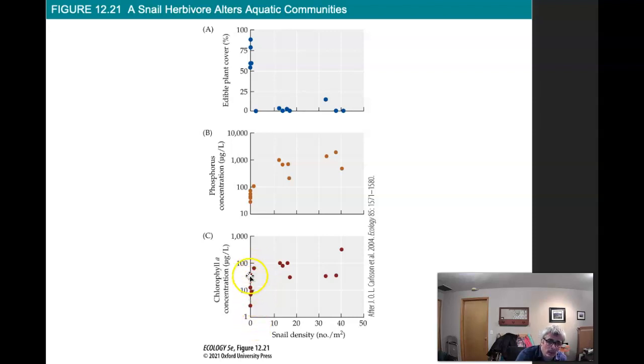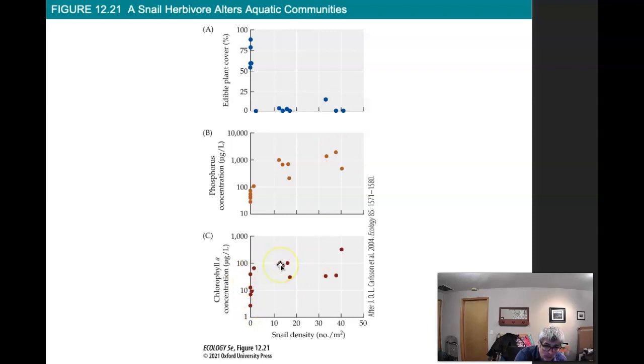And so even with that small change in plant cover, we now have a massive increase in phosphorus. I mean, a tenfold increase or more. If we're going from 30 maybe here to 1,000, that's a huge number. Here's probably, again, that's a log plot, so that's probably 2,000, 3,000.